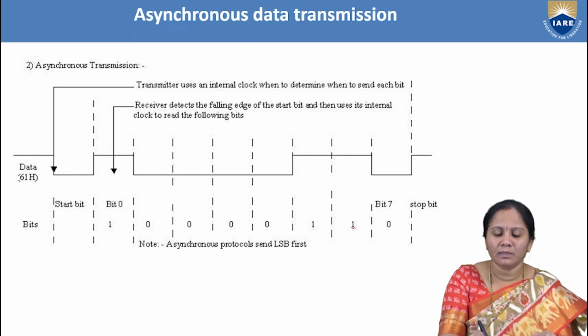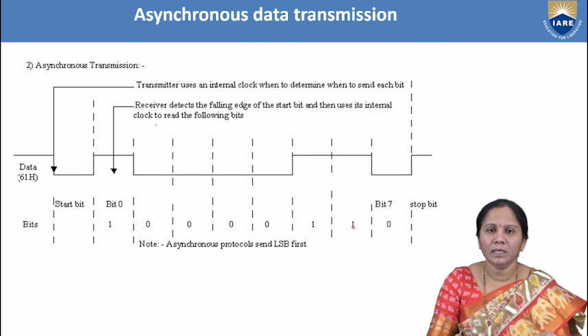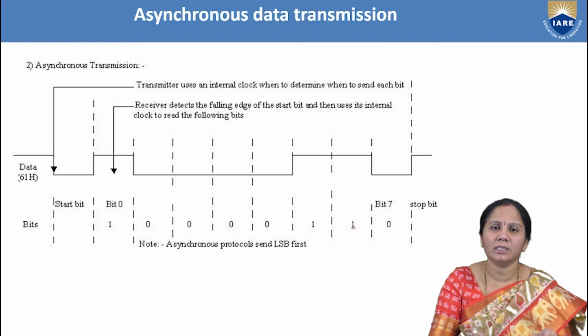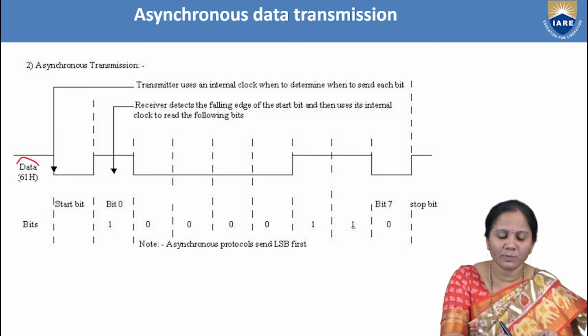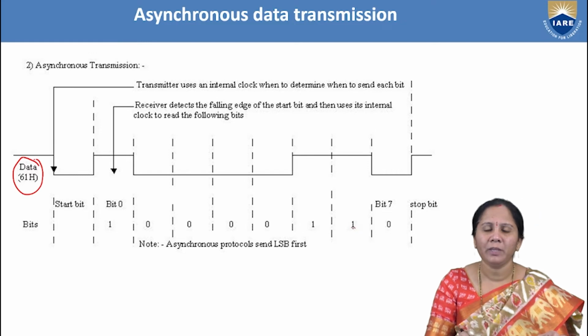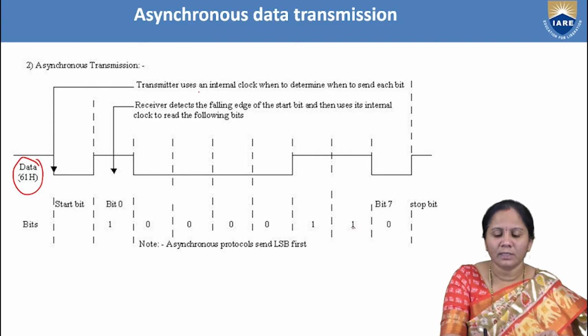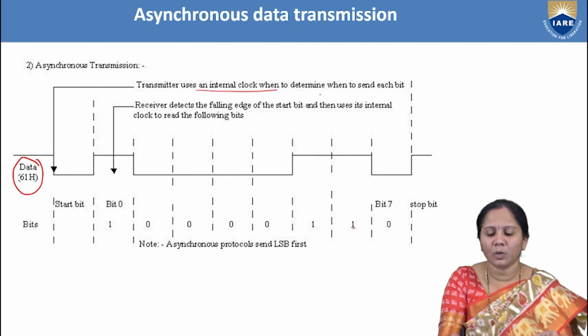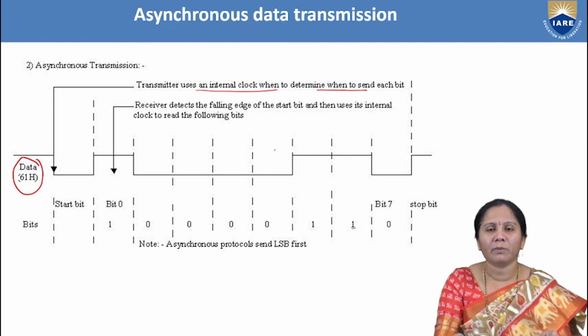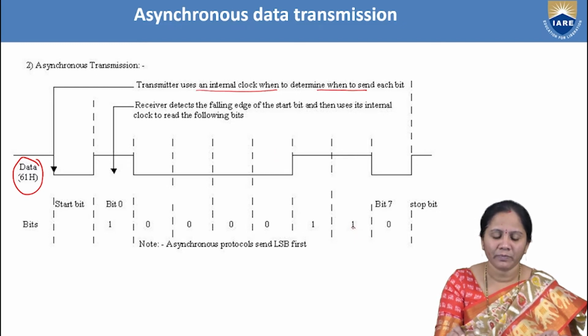So this is the figure we can see. In this case, there is no external clock signal indicated. But here, in order to transmit the data 61H, it is going to use the internal clock signal. Okay. So here, the transmitter uses an internal clock to determine when to send each bit.